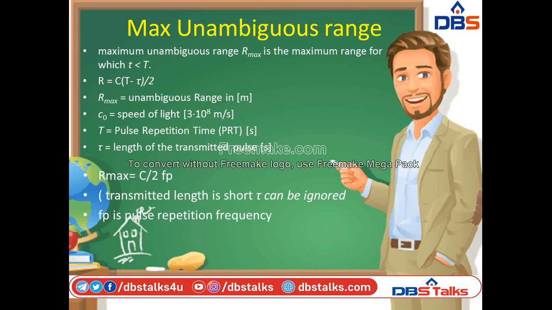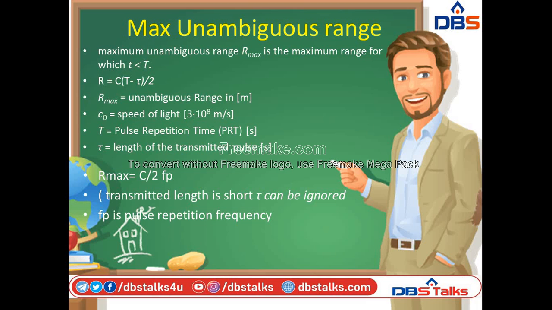Rmax is the unambiguous range in meters, C naught is the speed of light, T is the pulse repetition time, and tau is the length of the transmitted pulse. Therefore, we can calculate Rmax as C divided by 2 times Fp, the pulse repetition frequency. If the transmitted pulse length is short, tau can be ignored.